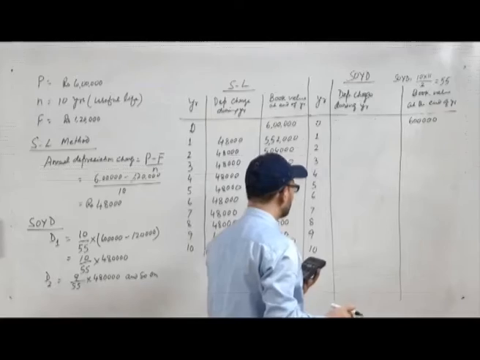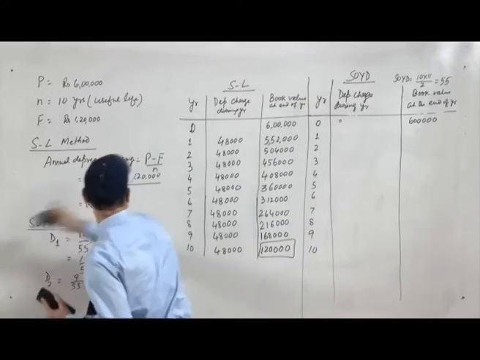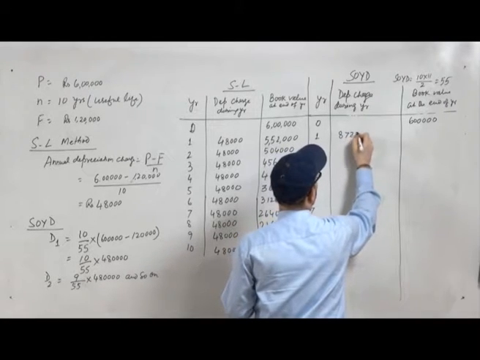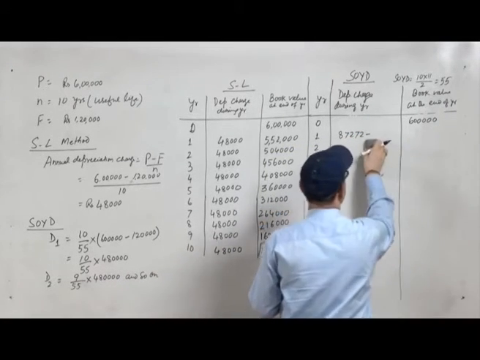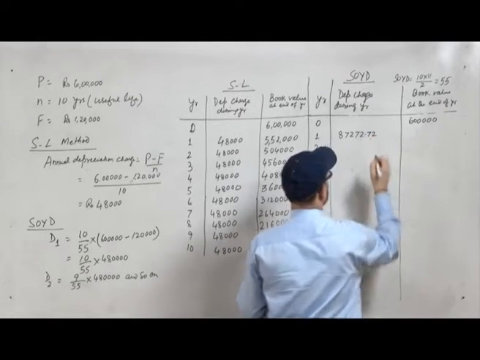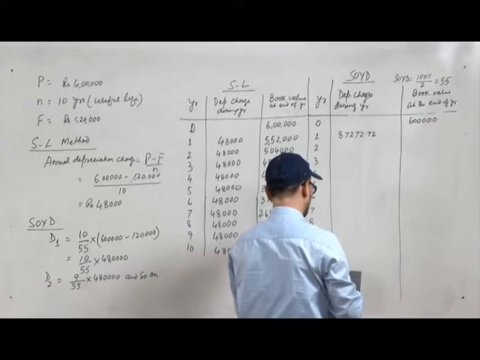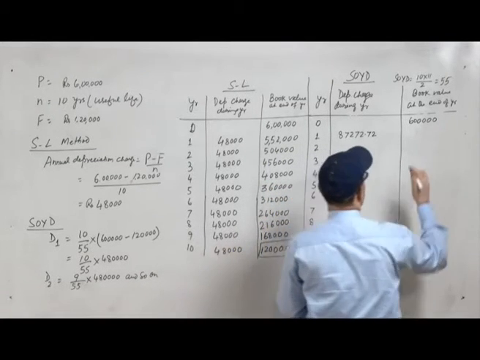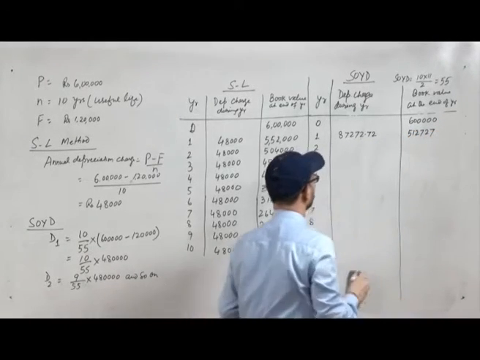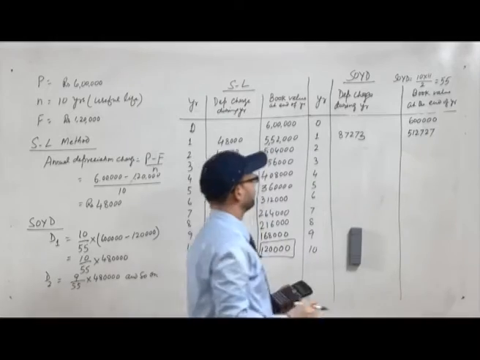So, this is 87,272.72, and the book value is 512,727.